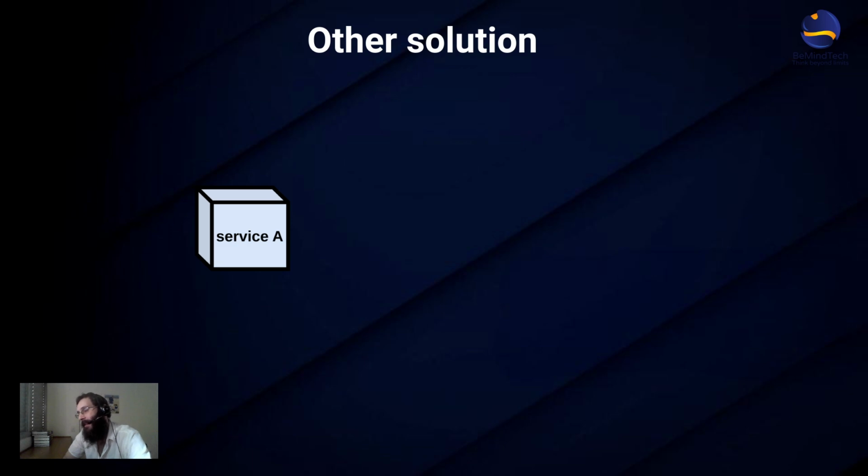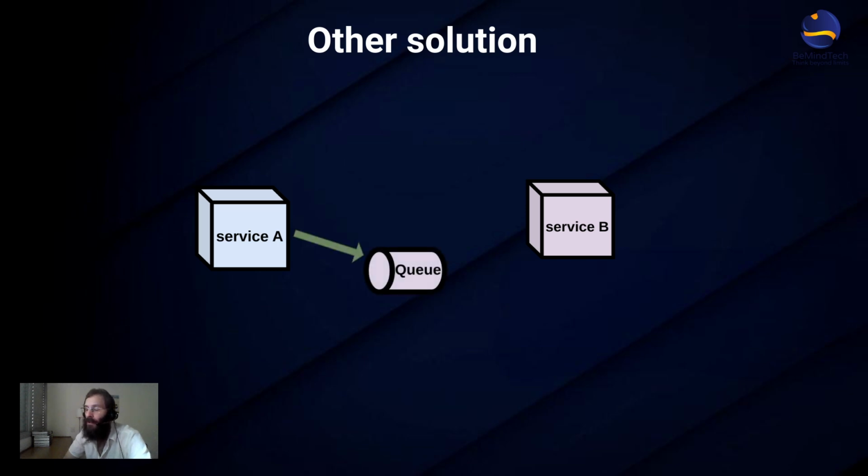Let's imagine that service A and service B are decoupled, and we use a queue in order to decouple those services. Service A sends messages to the queue, and service B reads the queue in order to process those messages.